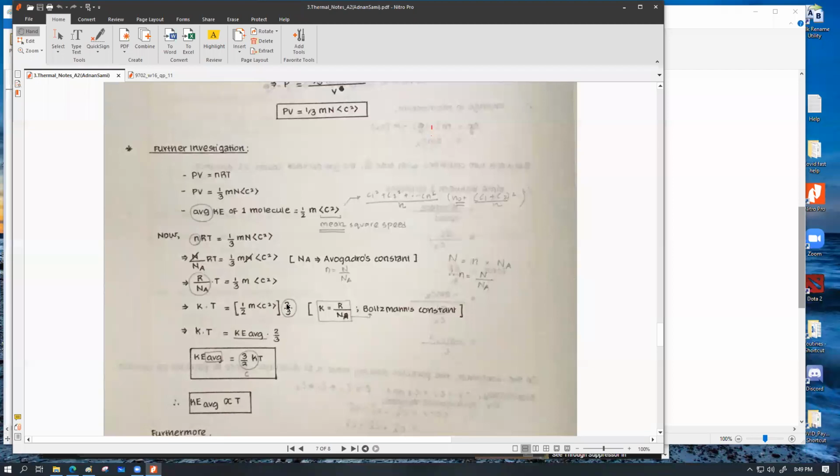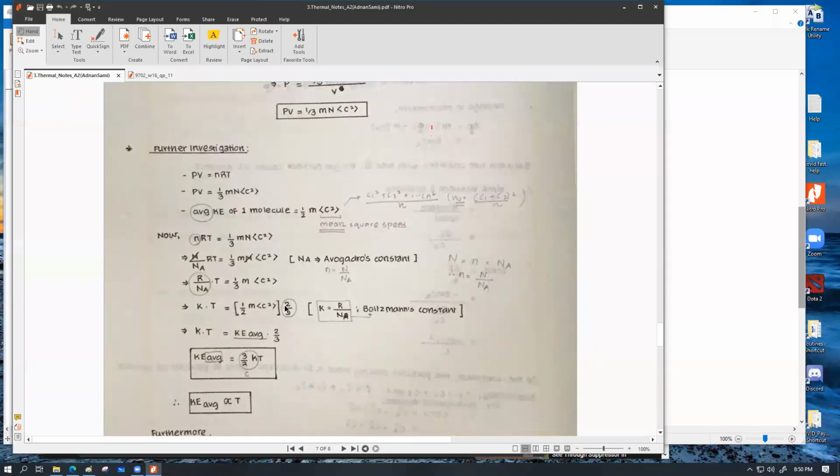Yes, Abiaz. Sir, when there is only one particle, is PV equal to kinetic energy, or does it not apply at that point? Honestly speaking, once again, recall the first statement of the ideal gas assumption.